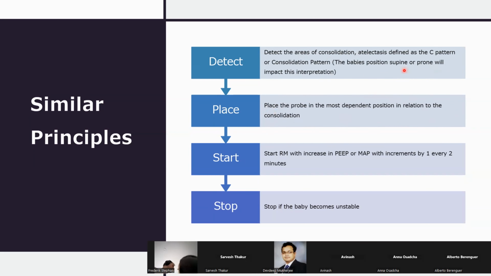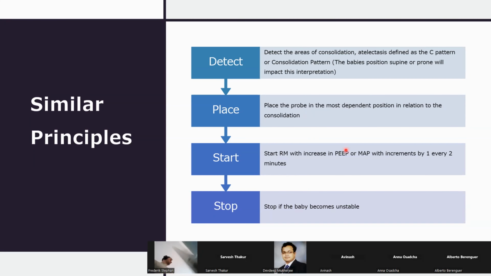An example that I'll give you is if your baby is supine, the most dependent positions where you find atelectasis, as we've demonstrated in the ultrasound that we showed you earlier, was the right and the left lung base. Now, naturally, the left lung in that baby was more atelectatic, and probably from my perspective, that would be my point of interest. That is where I would keep the probe.